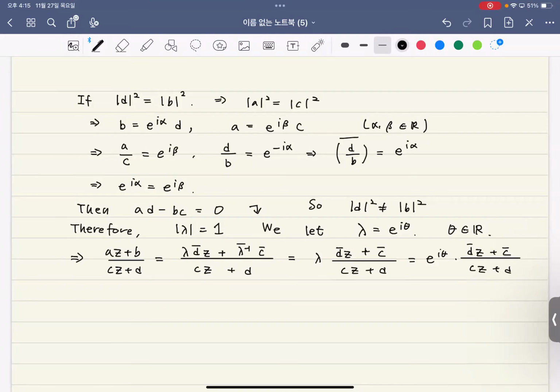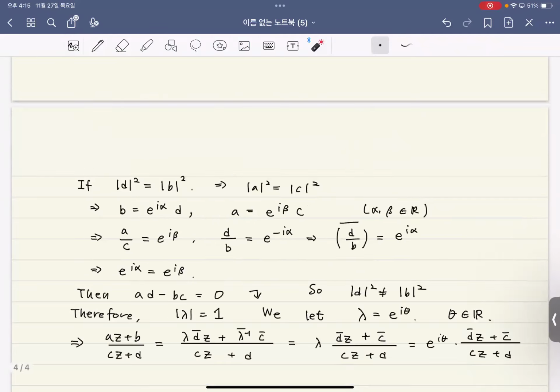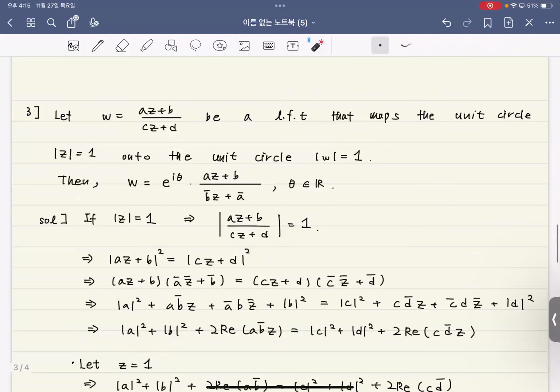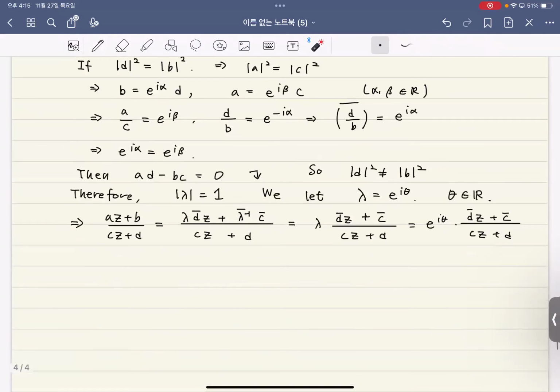Yeah, I think my proof is done. Why? It was a long way, but these two numbers are complex conjugates of each other, and these two numbers are also complex conjugates of each other. So the last equation is these numbers being complex conjugates, and these two also, multiplied by some complex number whose modulus equals 1. Okay, all right, great.